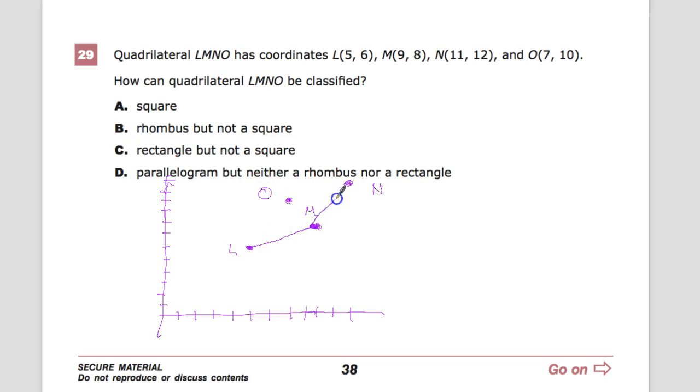So while it's not extremely well drawn, it gives me some idea about how far apart these things are.